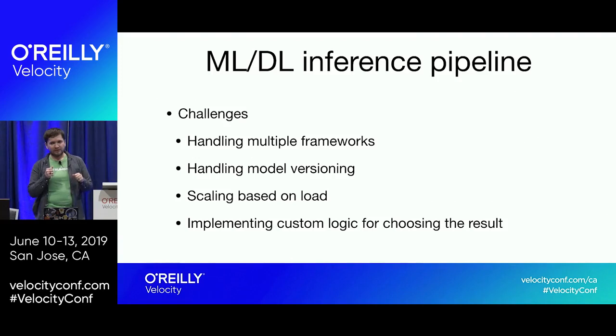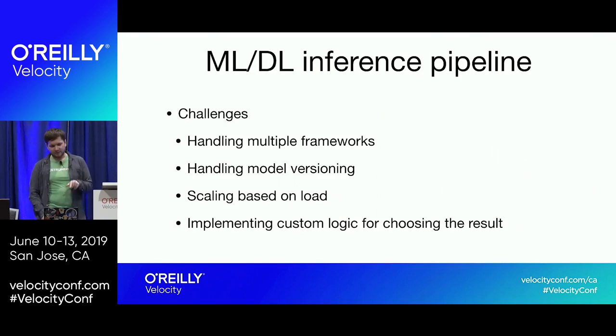You want to use some framework to pre-process images, like OpenCV and so on. So you have this zoo of different frameworks, and you want them all to work together. You have different versions of the model, and you want to be able to compare them. And you want it to be scalable, because everyone wants everything to be scalable. And finally, you may want some custom logic for choosing the result.